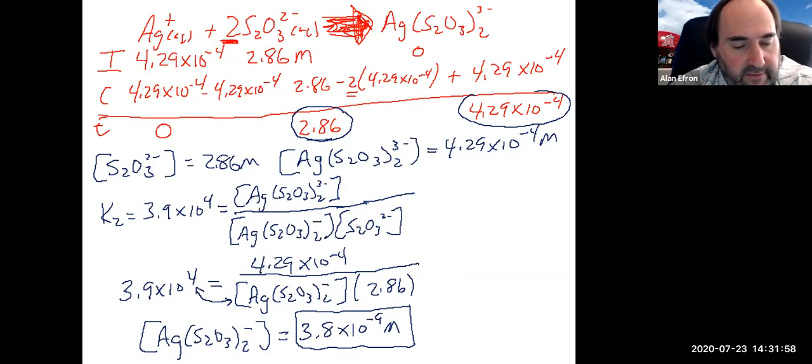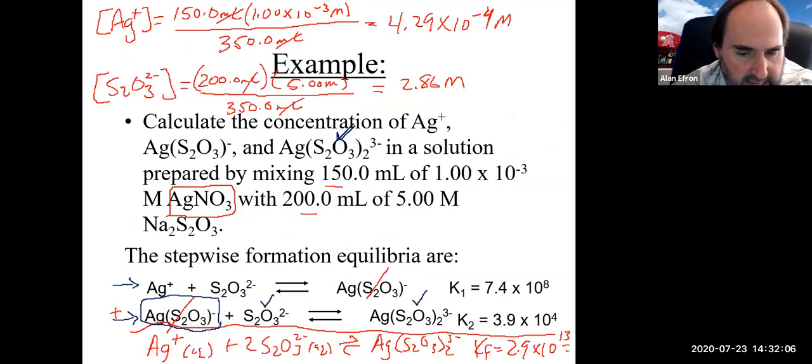Now, following this path of using the stepwise equilibriums, once we solve for that answer, if you go back to the first equation, you now have the concentration of this one, which we just solved for, and you still have the concentration of this one here, which means you can go back to the very first equilibrium expression and use that to figure out the amount of silver that's present. So let's do that, finish it up in this approach, and then I'll show you what you could do as well.